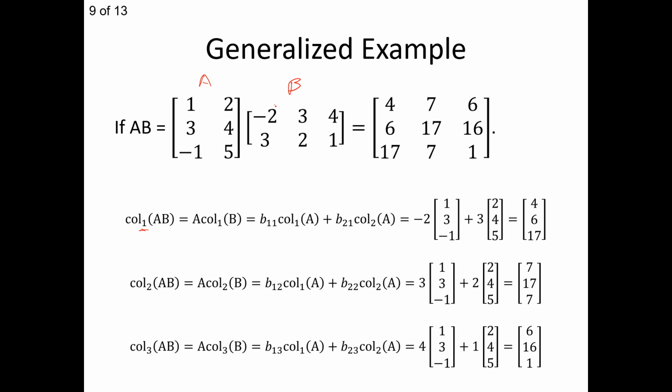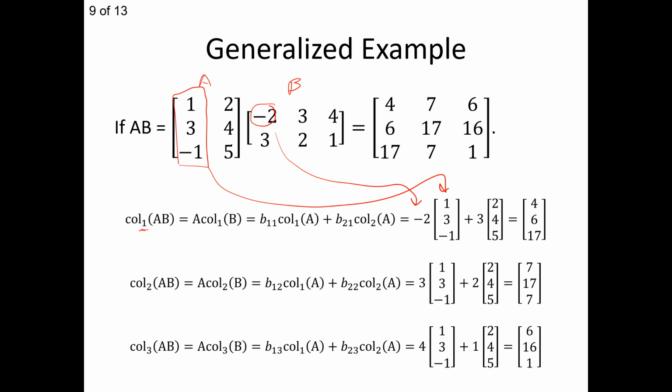Meaning I'm going to take my first element, -2, and that's going to become a coefficient. And then I'm going to match that up with my very first column of A. And I can then find a very simple product, right? Multiply -2 to each one of those elements.